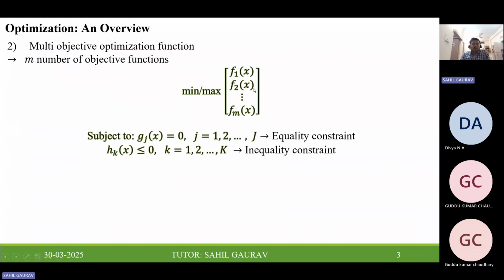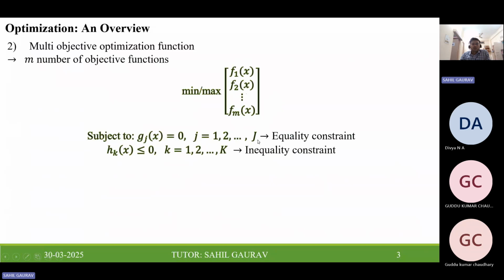And now, in order to minimize or maximize this multi-objective optimization function, there are some constraints that should be satisfied while solving the optimization problem.